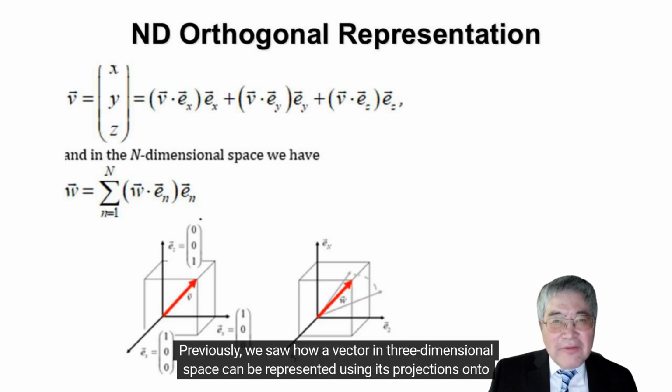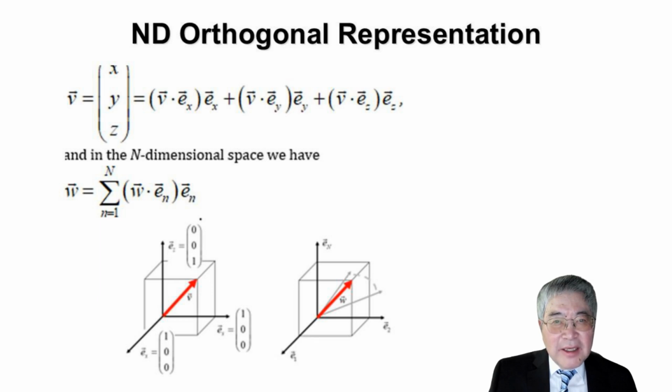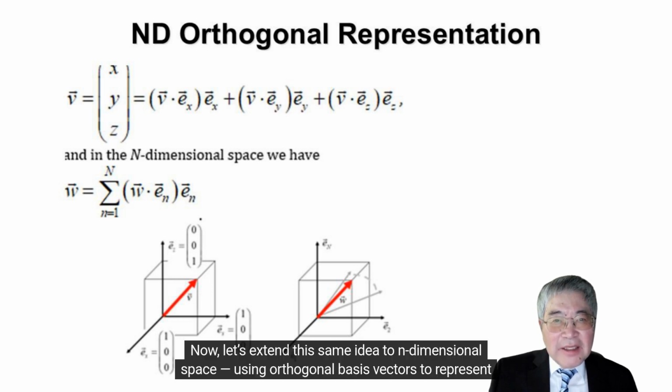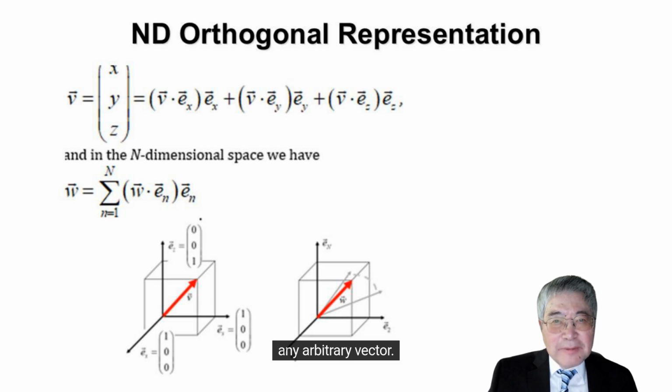Previously, we saw how a vector in 3-dimensional space can be represented using its projections onto the x, y, and z axes. Now let's extend this same idea to n-dimensional space, using orthogonal basis vectors to represent any arbitrary vector. Let's quickly review the 3D case first.